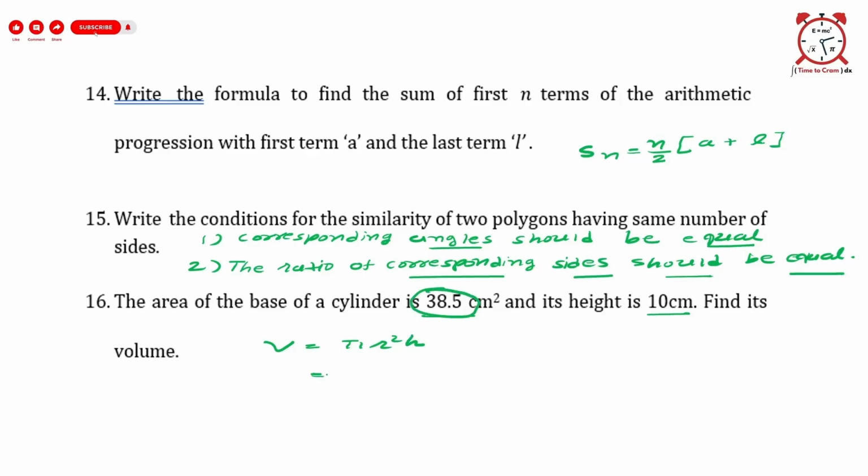So in place of pi r square we have to keep the value 38.5 directly because the radius is not given. And the height is given here as 10. If we multiply them then we will get 385 and the unit is centimeter cube. So this is the answer of question number 16.